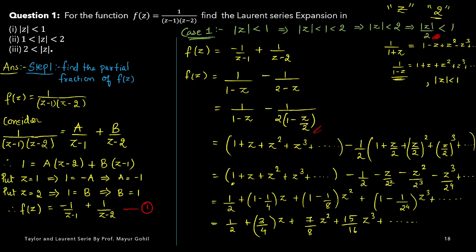Once you bring that into the partial fraction, you are expected to write it in this formula format: 1 upon 1 plus z or 1 upon 1 minus z format. That was the key reason in that condition mod z is less than 1. That's why we were making everything less than 1.